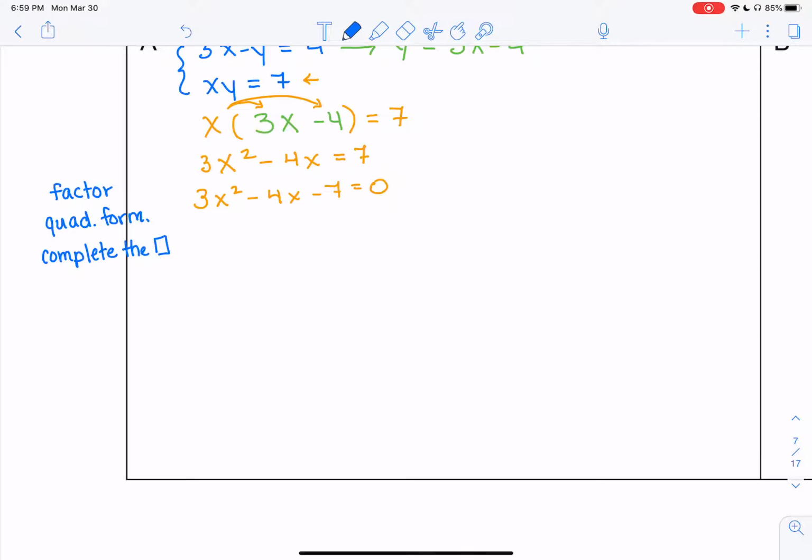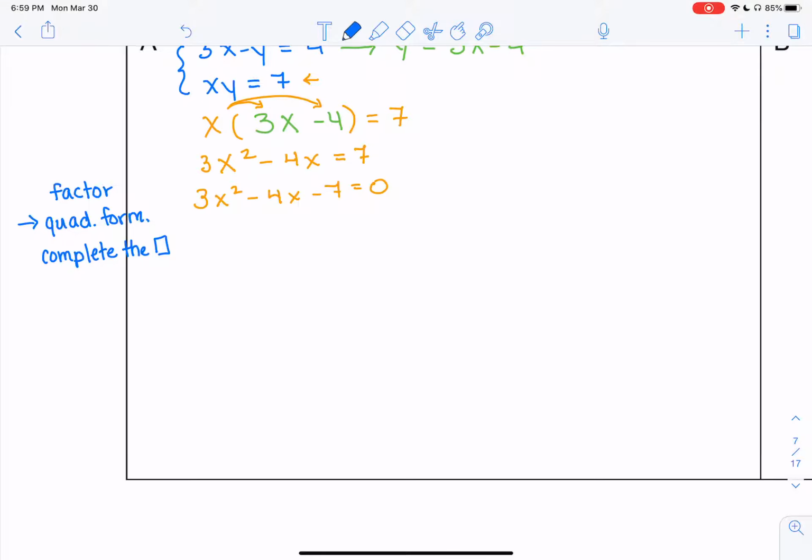So if you are decent at factoring, please by all means go ahead and factor this equation. If you are not good at factoring, know that you can always do the quadratic formula and it will work. In fact, you're going to see some of these equations Saxon purposely sets up that you cannot factor, you have to do the quadratic formula.